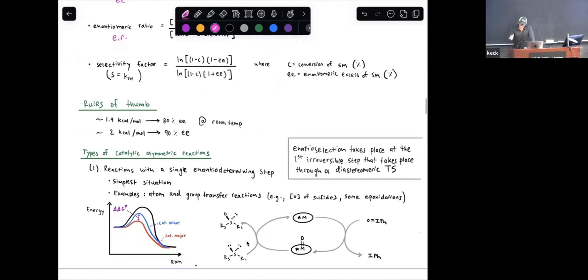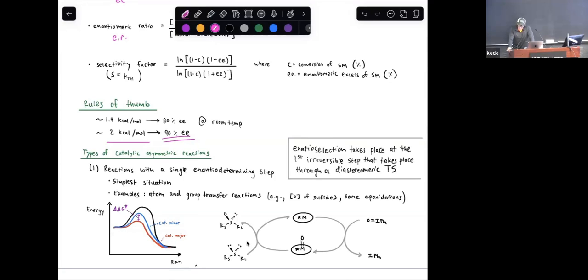Some general rules of thumb, just to ballpark or benchmark ourselves, this is a really helpful one. In the academic literature, everybody cares about, and it's totally arbitrary, but this is what people have chosen to care about, achieving 90% EE. And that corresponds to about 2 kcal per mole at room temperature in terms of the delta delta G double dagger.